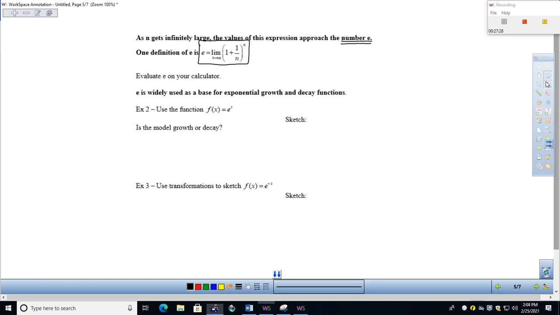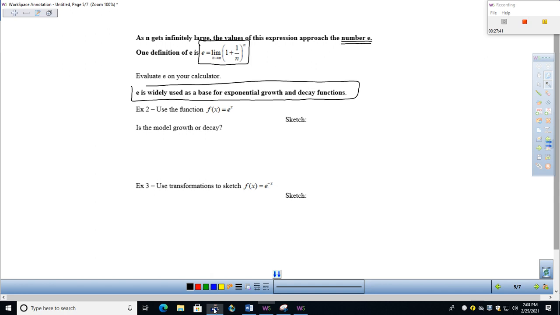But for right now, this is what we're after in this particular case. e is widely used as a base for exponential growth and decay functions. Again, we are going to see an application of it in the next one. But I want you to get used to the idea of seeing it as the base of an exponential growth or exponential decay model.